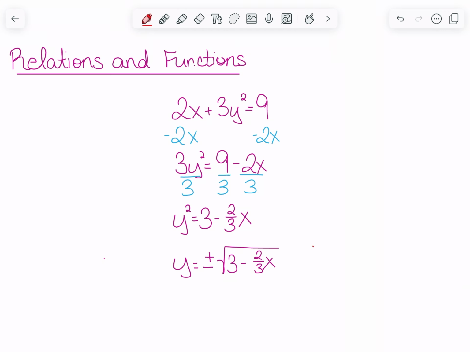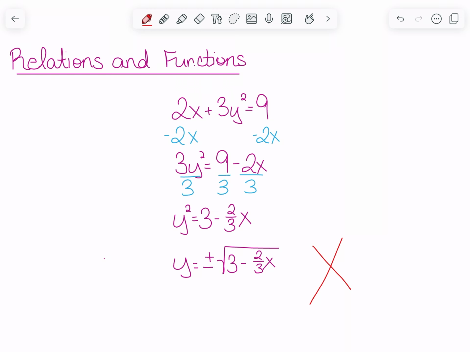Finally, I would take the square root of both sides, but when I do, I have to do plus or minus. And that actually causes an issue and makes this not a function. This time, I would have two answers for y rather than just a single answer. In general, anytime y is raised to an even power, 2, 4, 6, 8, etc., the equation will not represent a function.